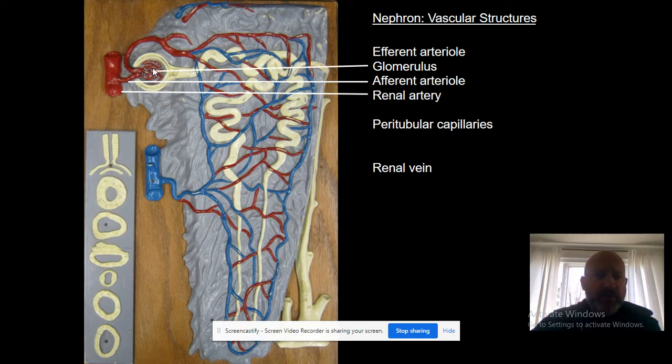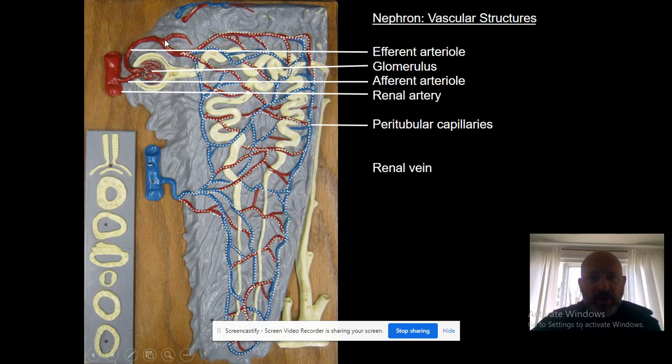After the blood has been moving around, spinning through the glomerulus, it will then leave this capsule, having lost a lot of its contents, and it will go through what's called the efferent arteriole, and then you can see it will make its way through the peritubular capillaries.